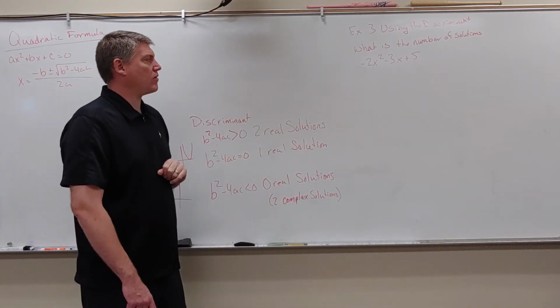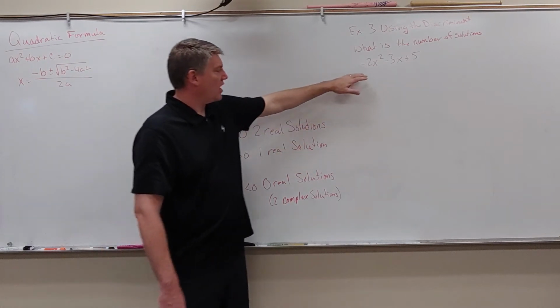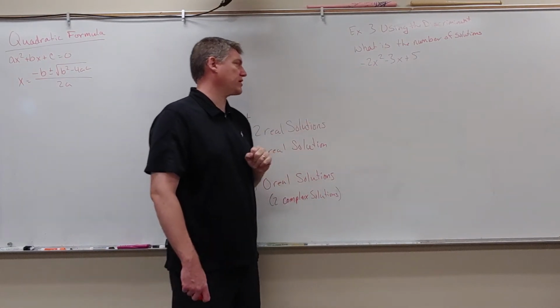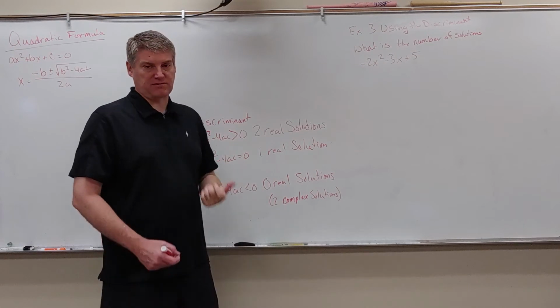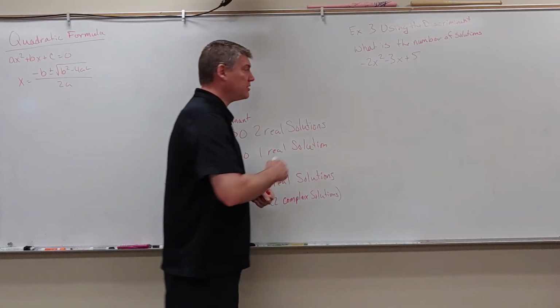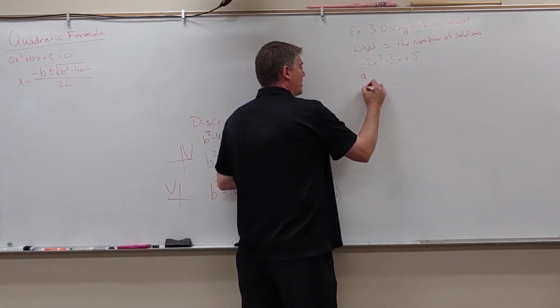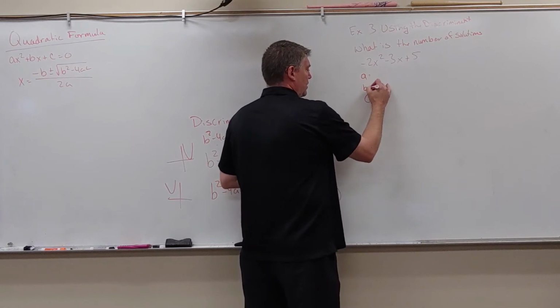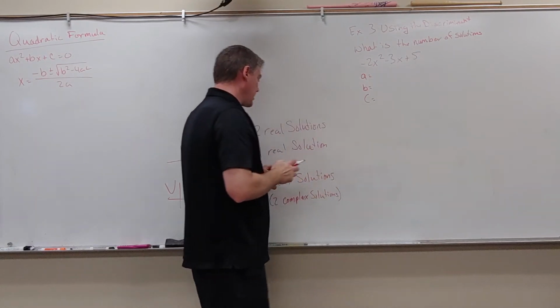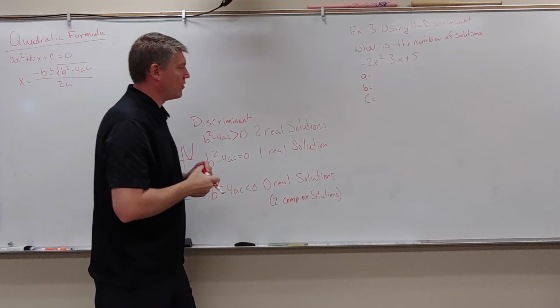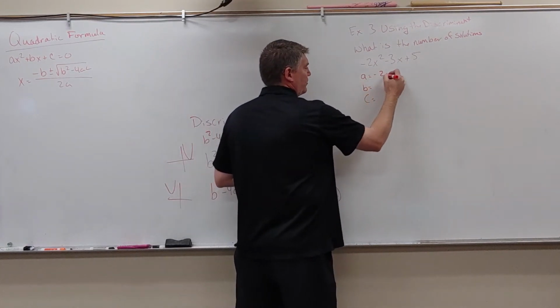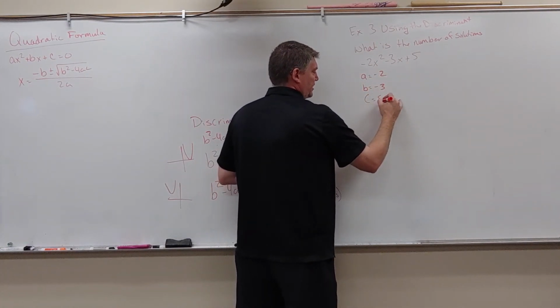So we're going to use the discriminant. We're going to find out the number of solutions of -2x squared minus 3x plus 5. So you still need to have a, b, c, okay? I still want to write those down. So a is -2, b is -3, c is 5.